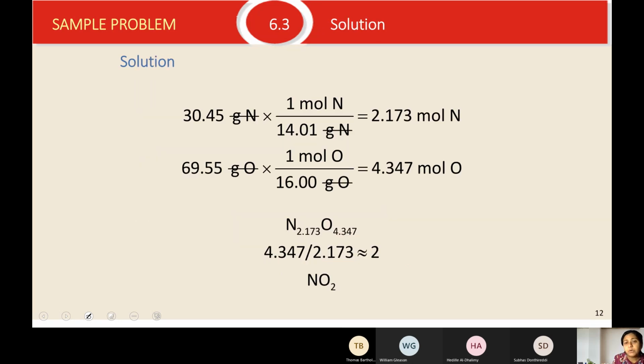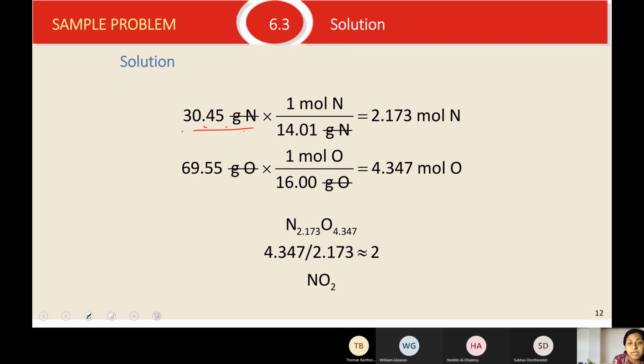Right. So now I'm going to find the moles of each element in this molecular formula. There is 30.45 grams of nitrogen, so I change it into moles of nitrogen.